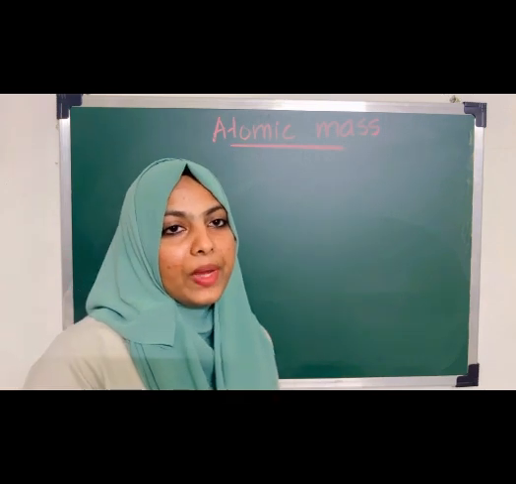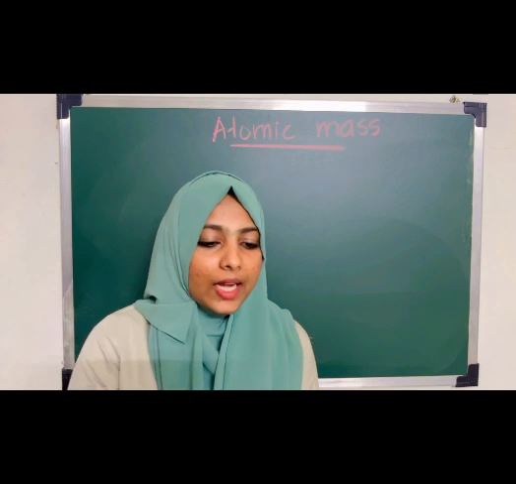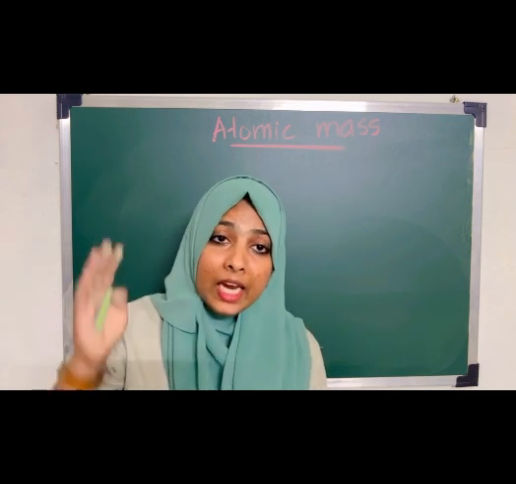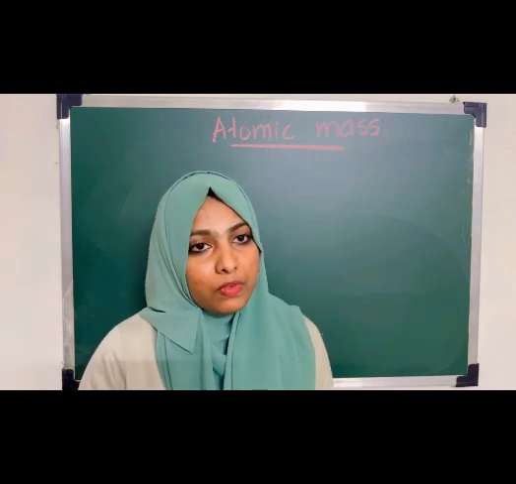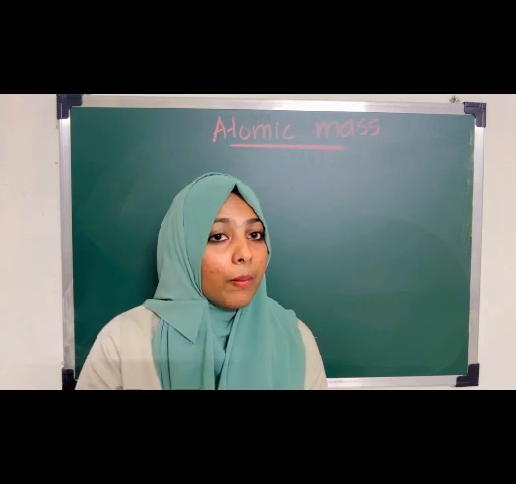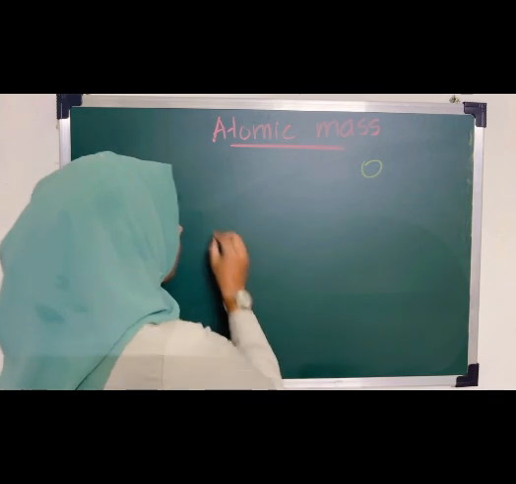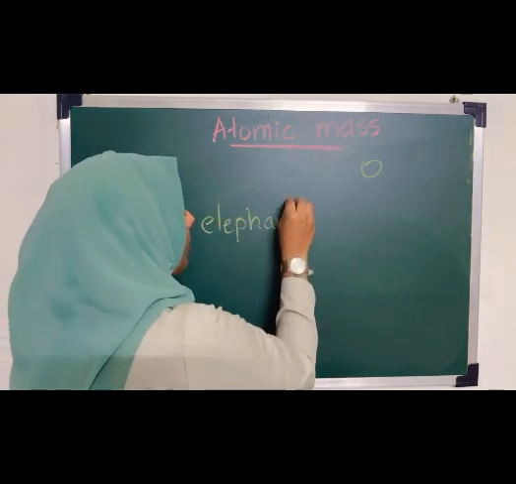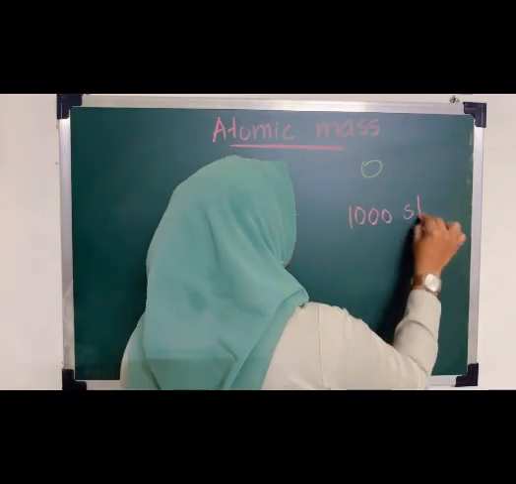Before going to the topic atomic mass, you just listen to me. Assume that I have an elephant, a goat and a hen, and I'm living years back where there are no sophisticated devices to find the weight of these animals. So I'm going to take a stone and compare the weight. I placed the elephant on one side and I placed 1,000 stones.